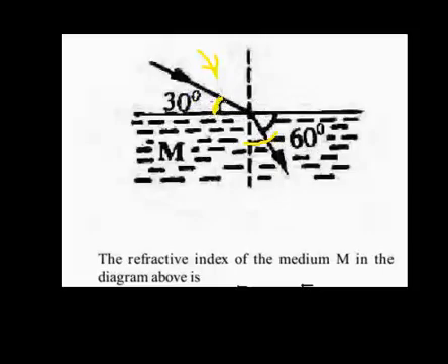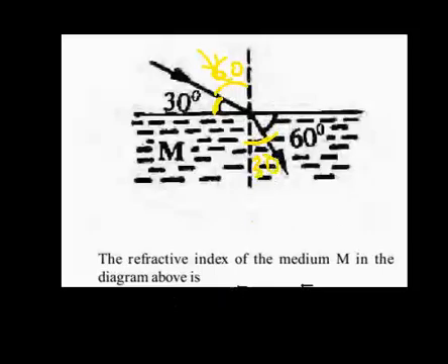Remember, the actual angle of incidence is 90 minus the glancing angle, so the angle of incidence is 60. The same thing happens with refraction: the glancing angle is 60, so the angle of refraction is 30.